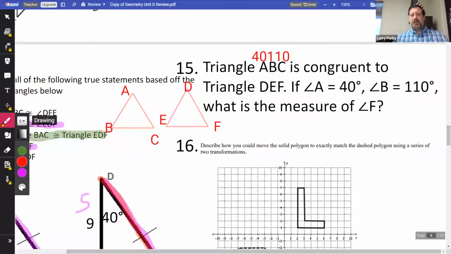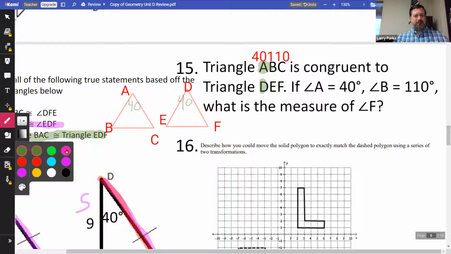So what is the measure of angle F? What I would do is we know that A and D are the same. So if A is 40, then D is also 40. Because they're congruent triangles.